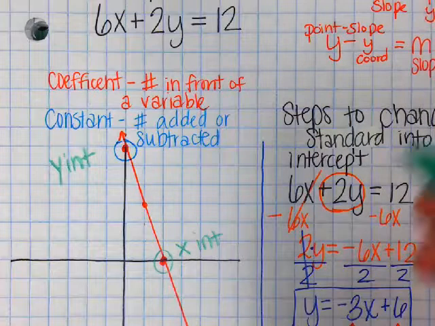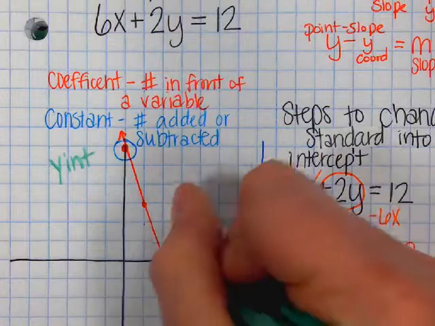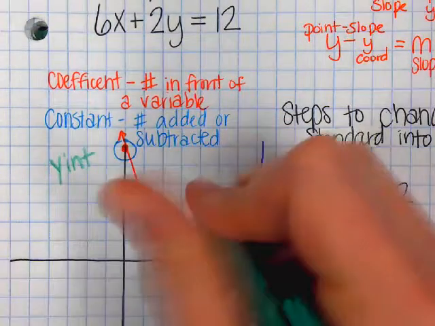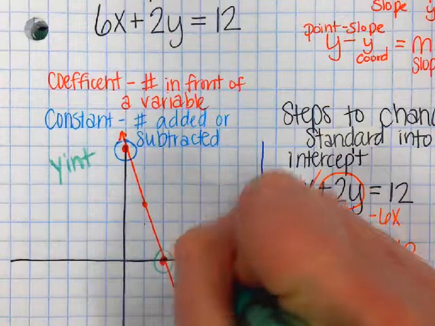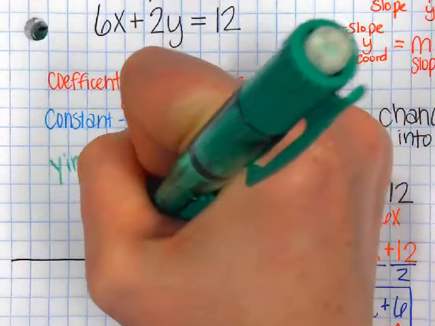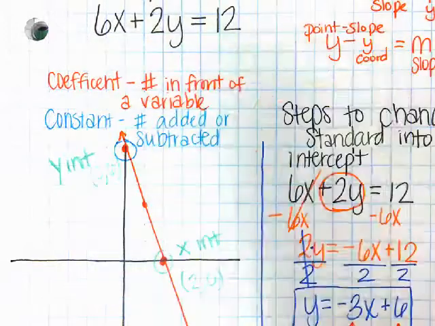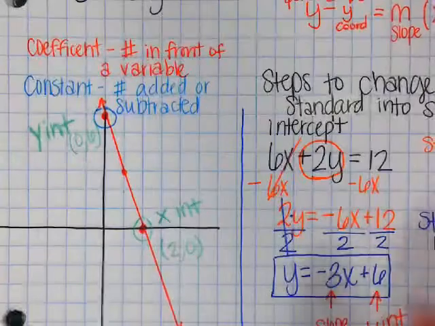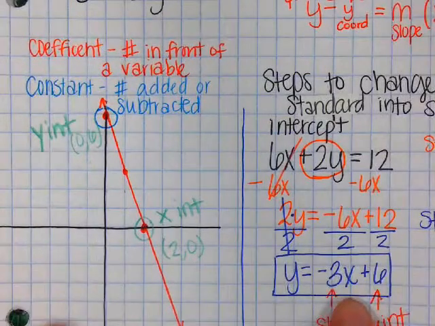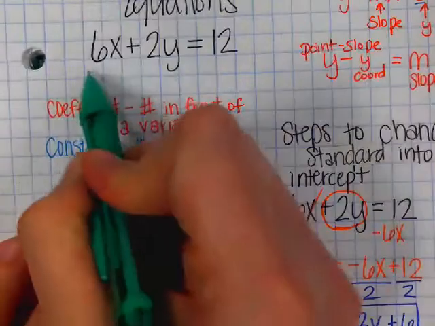I've just put int for intercept. This point for the x-intercept is at 2, 0. This point is at 0, 6. We already know that information because we changed it into slope-intercept form first.